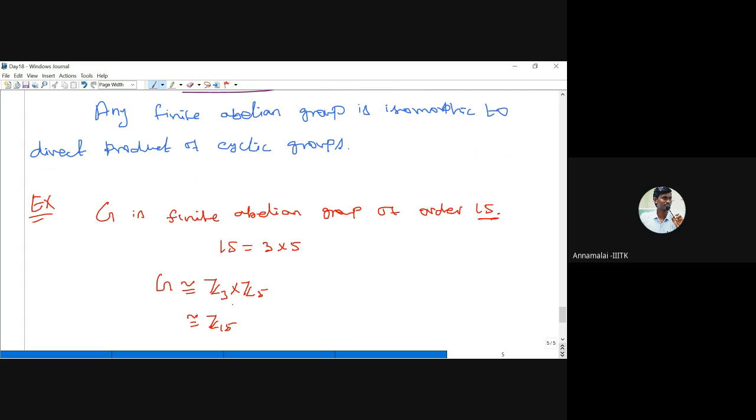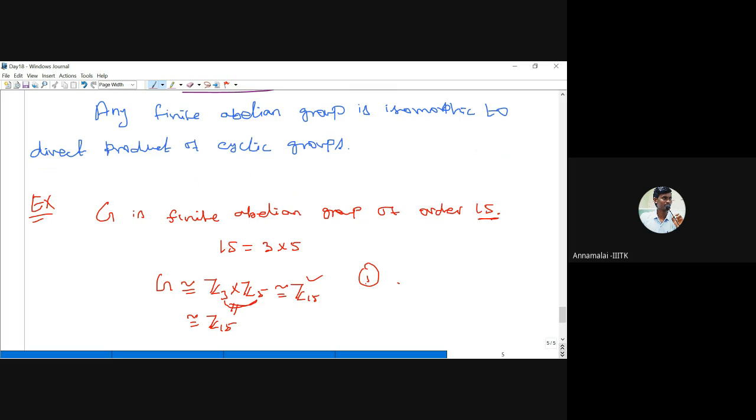But anyway, both are equal. Why? Since the GCD of 3 and 5 is 1, this is isomorphic to Z15. Therefore, we have only one non-isomorphic abelian group, namely Z15. The number of non-isomorphic abelian groups of order 15 is only one.